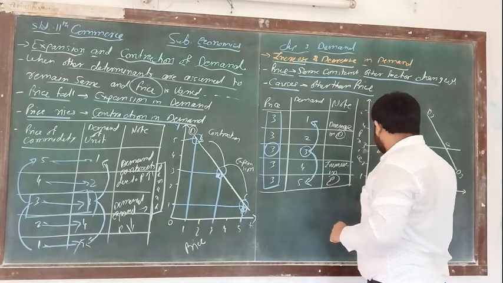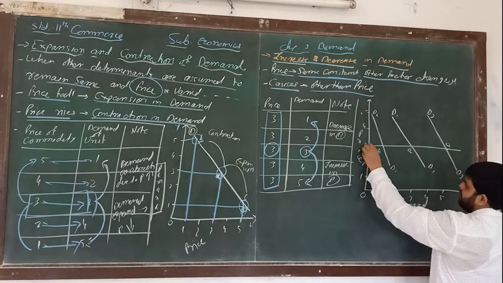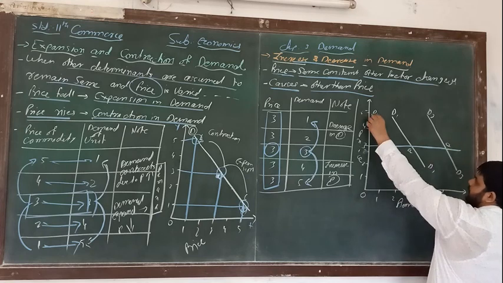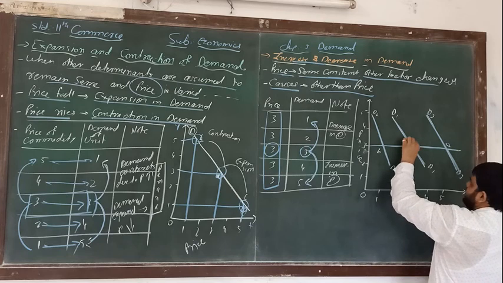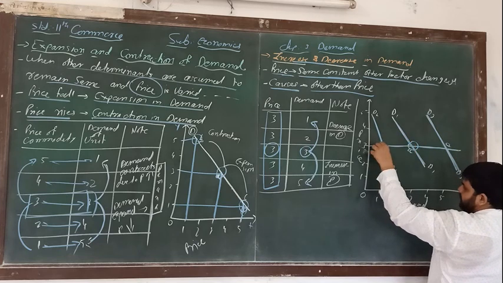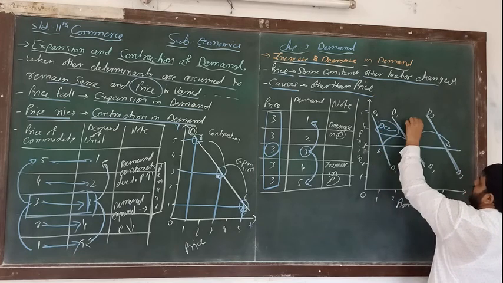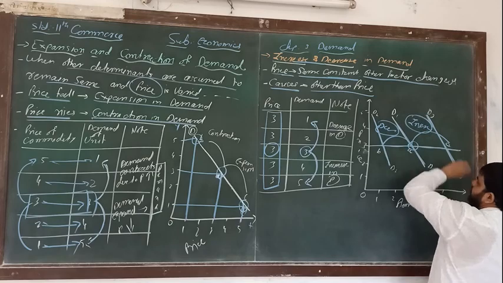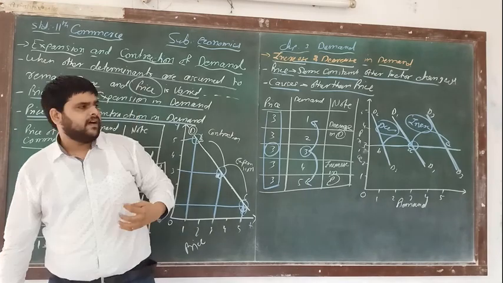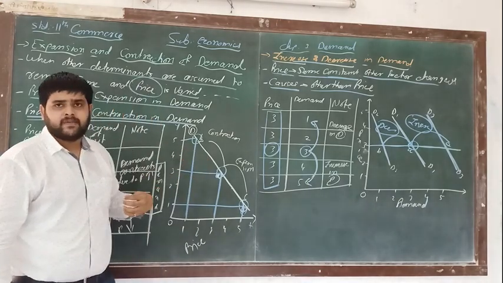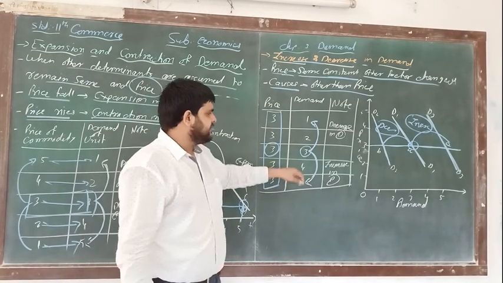Here we can draw a graph with the help of the example. Demand is here, price is here, and the price is the same, that is 3. But due to other factors, demand here is an increase. So this is what we call expansion and contraction as well as increase and decrease in demand. When the price is the same, there is a change in other factors.